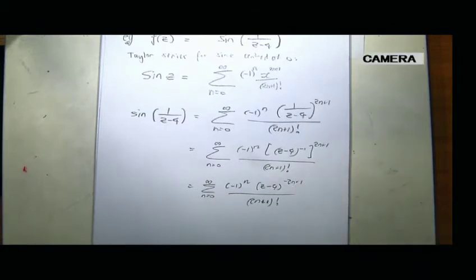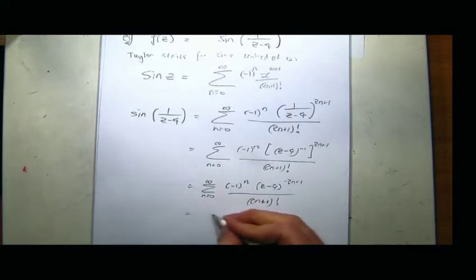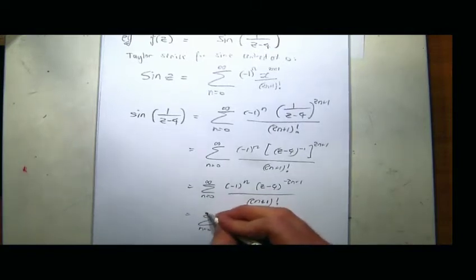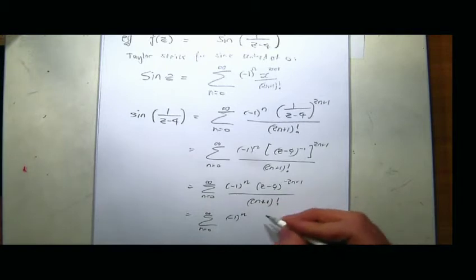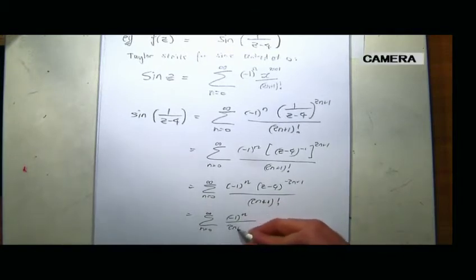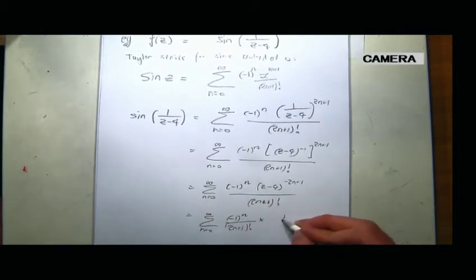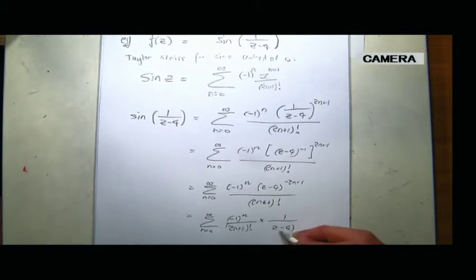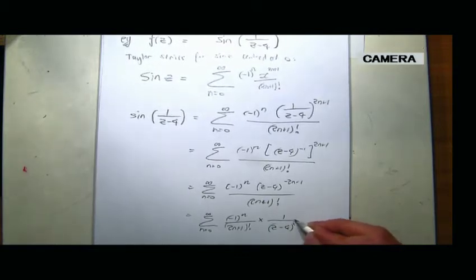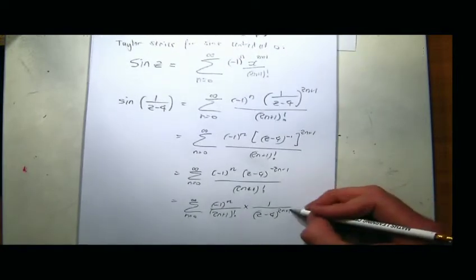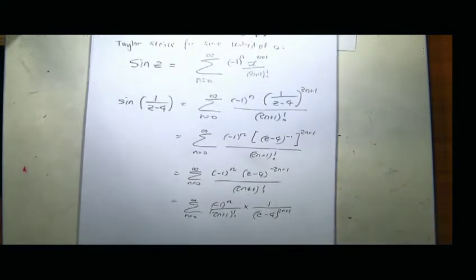I could possibly put the z minus 4 on the bottom and make it 2n plus 1. Doesn't really matter, depending on what Maple TA is asking me to do with this. So, there you go. And that is a Laurent series for sine of 1 over z minus 4.